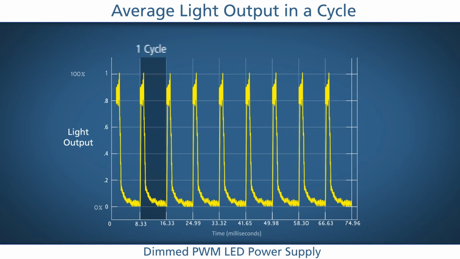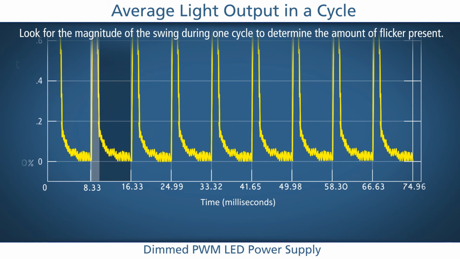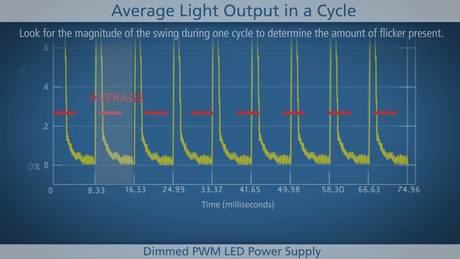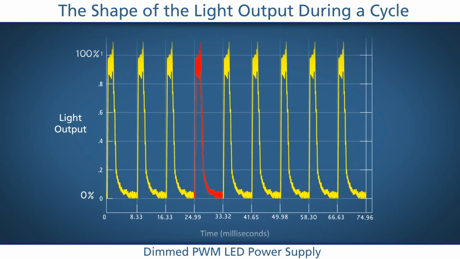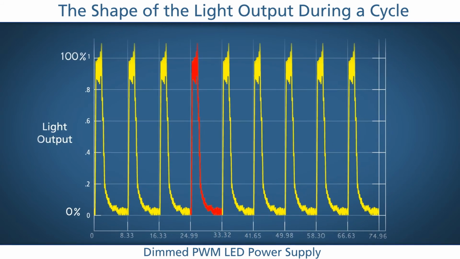Next, find the average light output in the cycle. This value is needed to calculate the flicker index outlined in the ASSIST report. Pay close attention to the shape of the drive current. This relates to how the LED is actually turning on and off during each cycle.